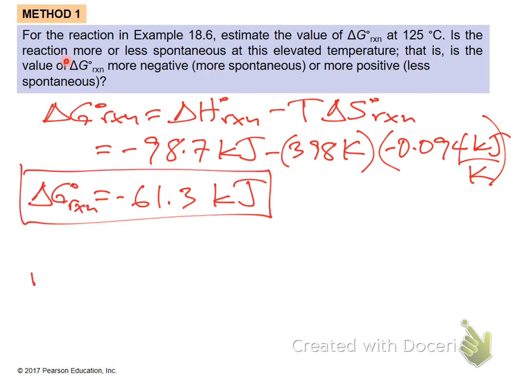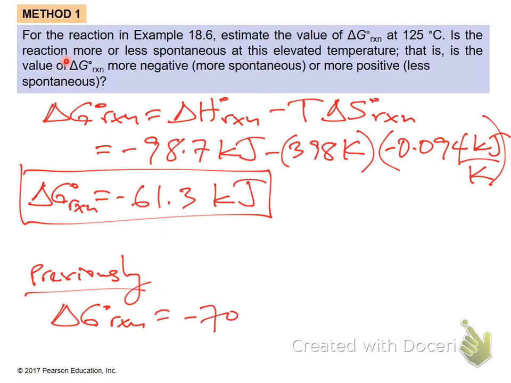Previously, what was the number that we got for delta G of reaction? Negative 70.7. Based on these values, is this reaction at 125 degrees Celsius more or less spontaneous?